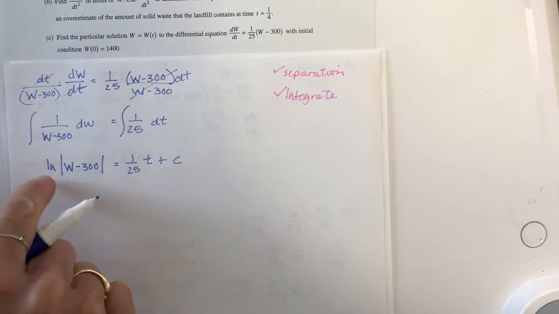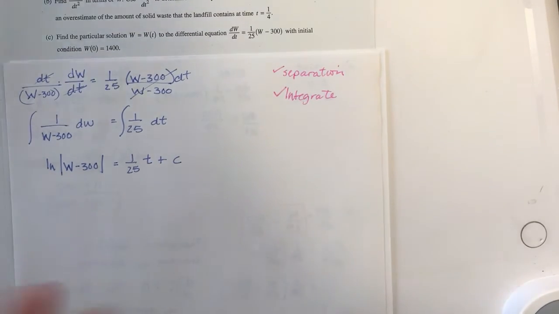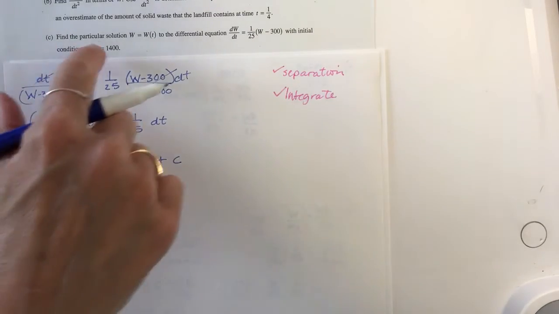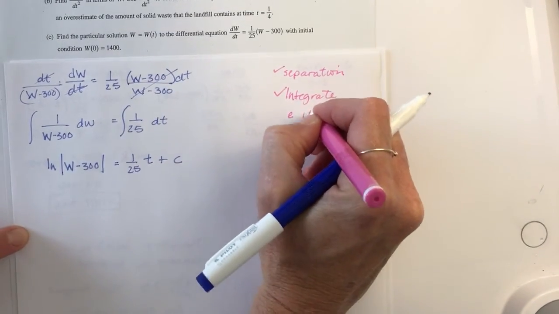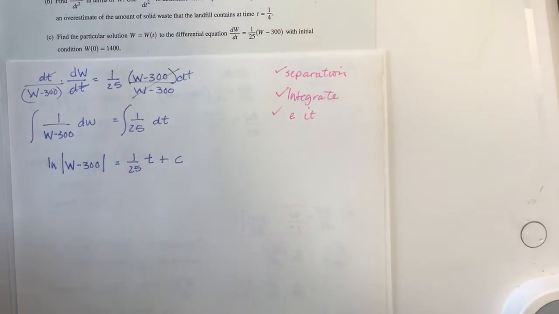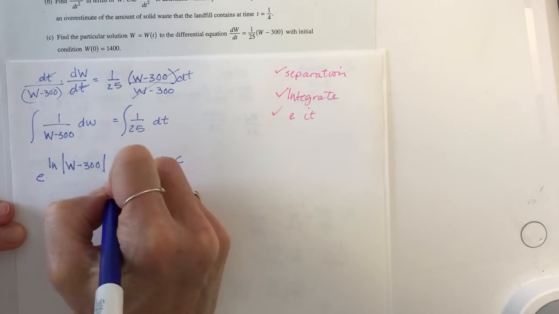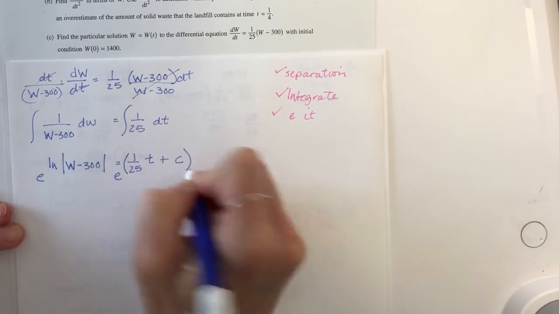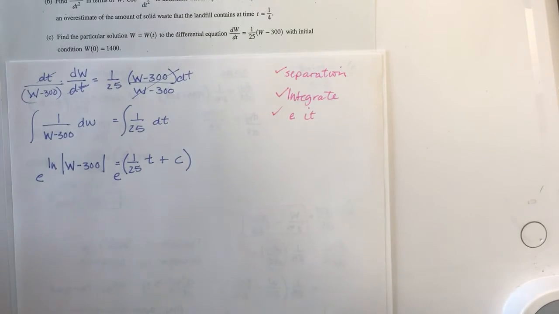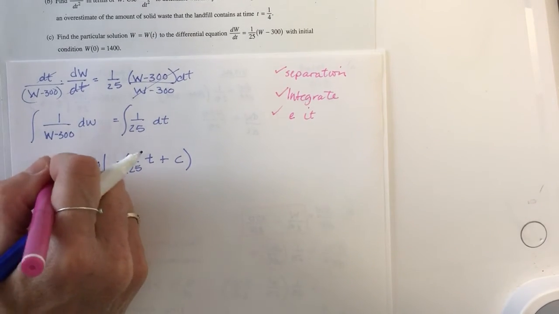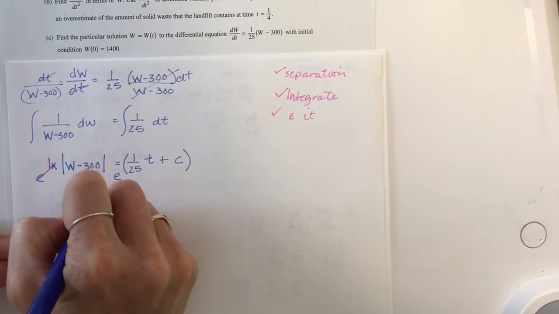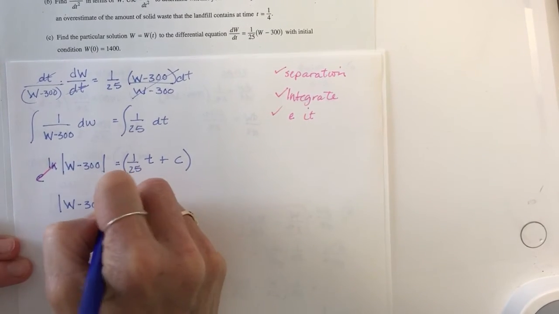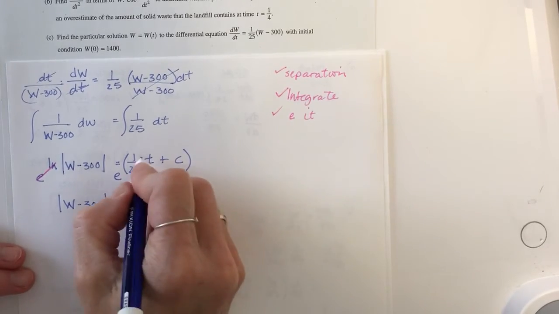Because we have an ln, we want to get rid of that ln first before we plug in our initial condition. If we want to get rid of an ln, we're going to e it. So we're going to e this side and we're going to e this side. Remember to put this in parentheses. That's important. So then this goes away, and we've got w minus 300. We're going to leave those absolute values in there for the time being. And then we're going to distribute this.